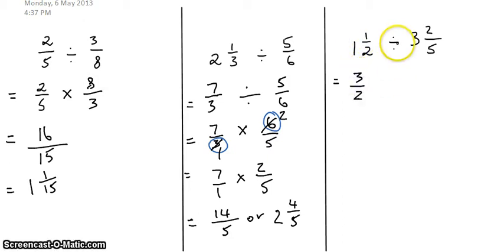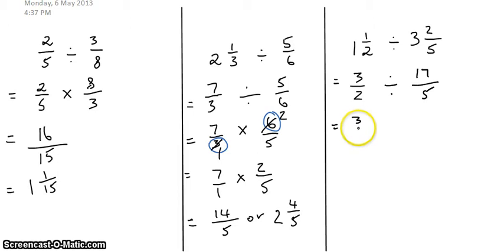We're going to turn our divide into multiply, and well, actually we won't do that just yet. Let's turn both fractions into improper fractions. This one needs to be an improper fraction. 5 times 3 is 15, plus 2 is 17 over 5. Now we can invert it.